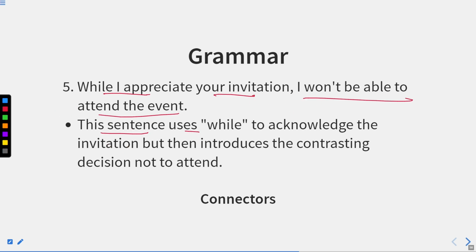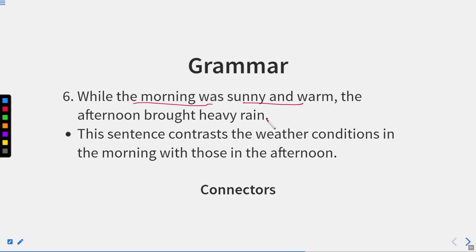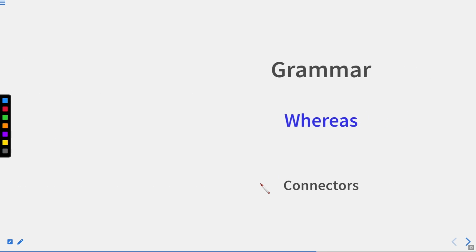The sentence uses while to acknowledge the invitation, but then introduces the contrasting decision not to attend it. While the morning was sunny and warm, the afternoon brought heavy rain. While some people thrive under pressure, others crumble. This example emphasizes the differing responses people have to pressure situations.